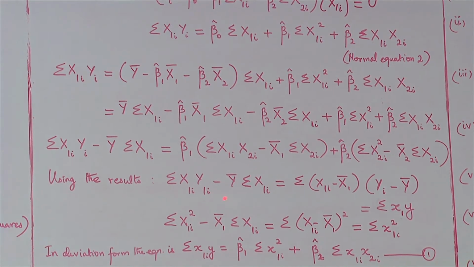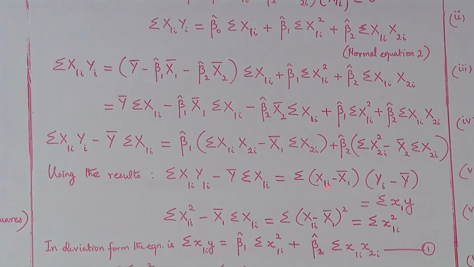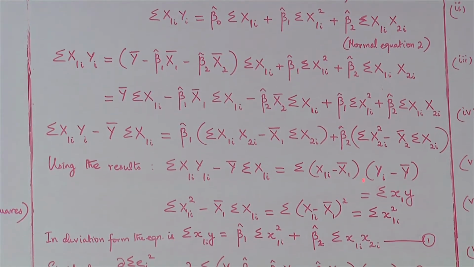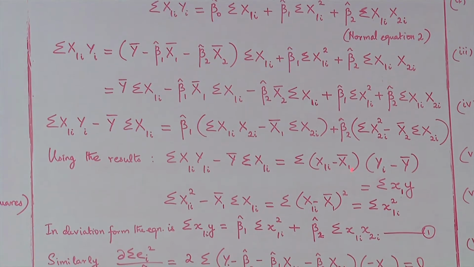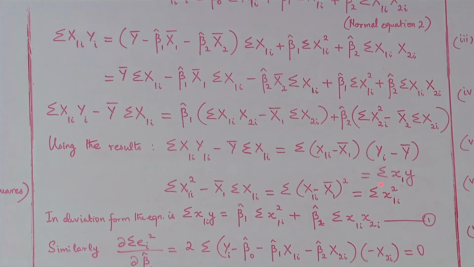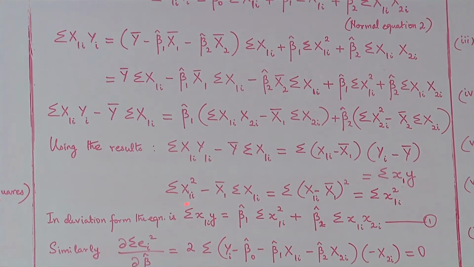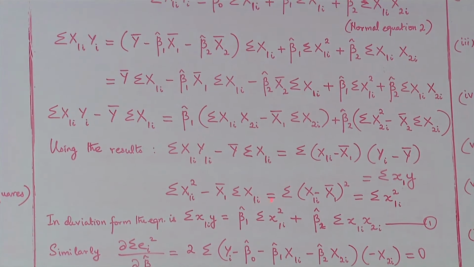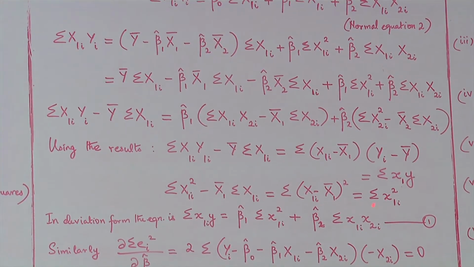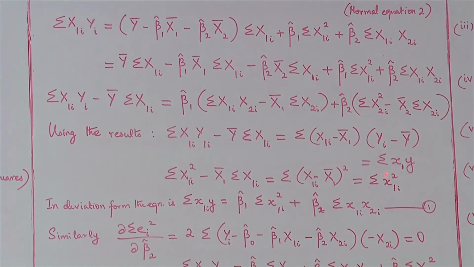Using the results of deviation, the whole left hand side can be written in deviation form like this: sigma x1i minus x1 bar into yi minus y bar. So, here x1i minus x1 bar is small x1, and yi minus y bar is small y. Similarly, sigma x1i square minus x1 bar sigma x1i, again in deviation form, can be written as sigma small x1i square.